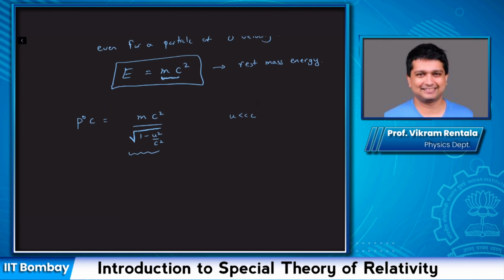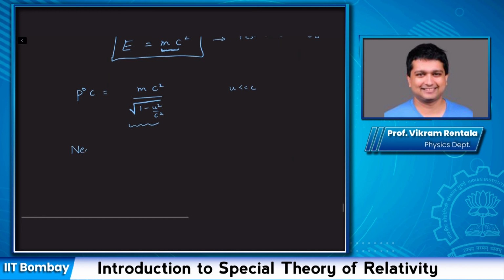Now, if there was some way to unlock this energy, that is, you could convert this particle from one form to another, let's say through a radioactive decay or some kind of collision process, then it would be possible to transfer that rest mass energy into other forms of energy. So previously in Newton's laws, we had a separate rule assuming conservation of mass.